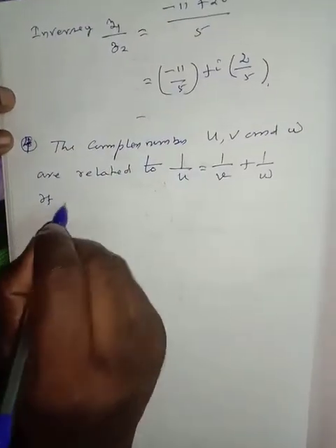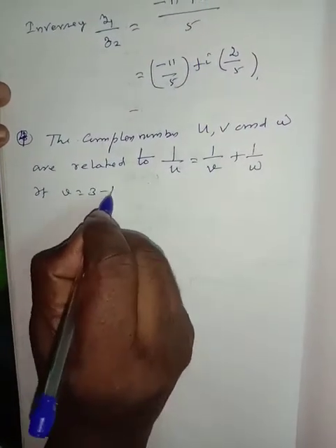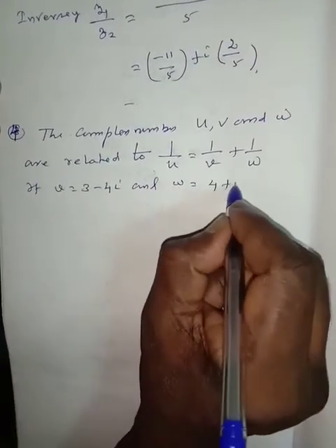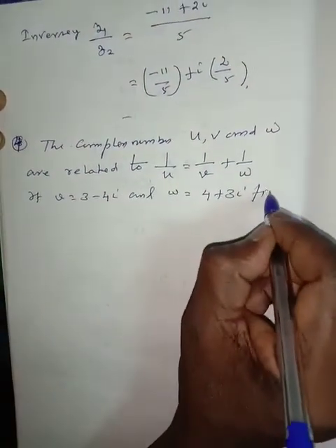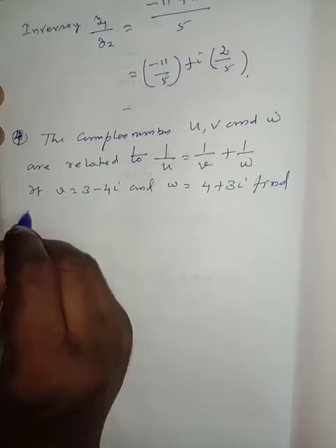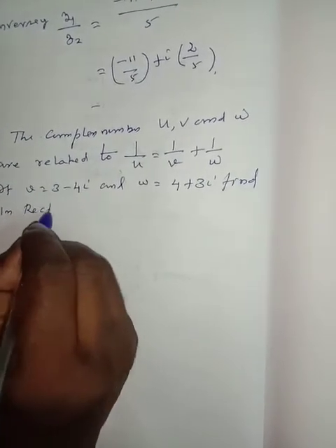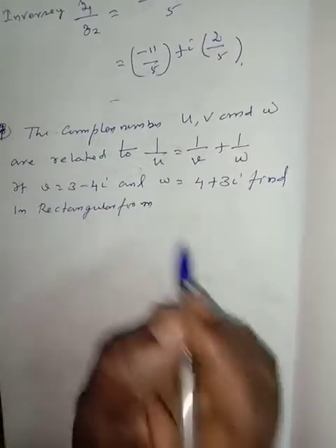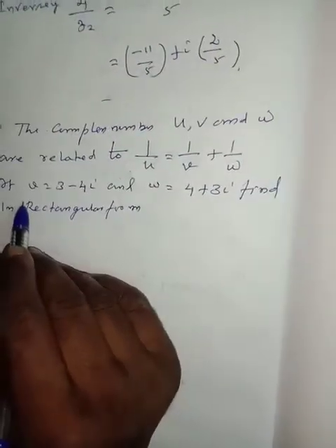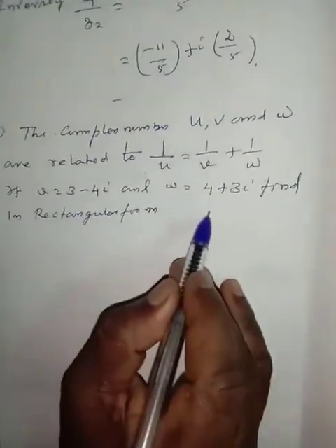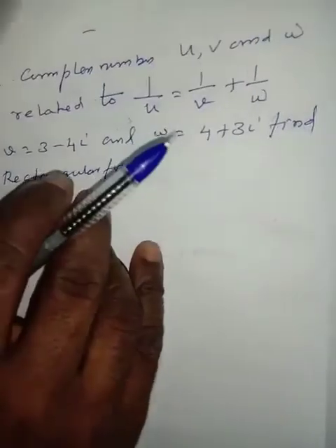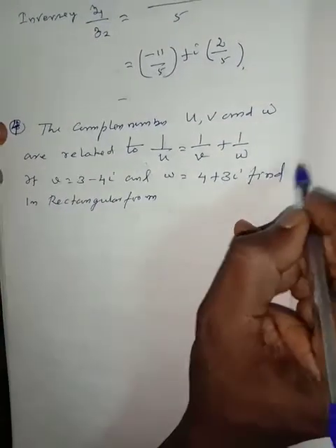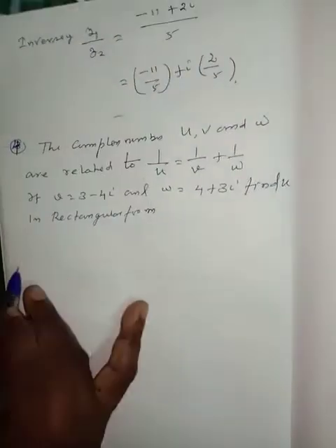If v is equal to 3 minus 4i and w is equal to 4 plus 3i, find u in rectangular form.